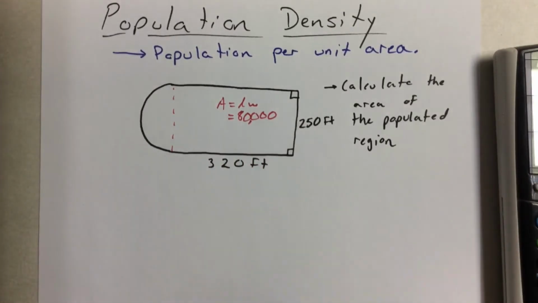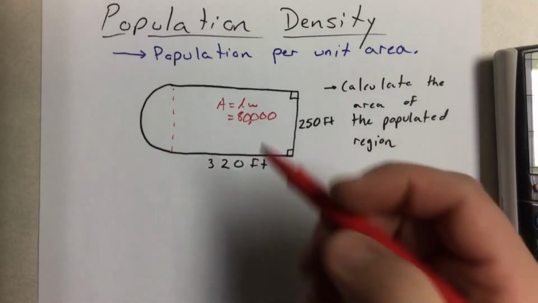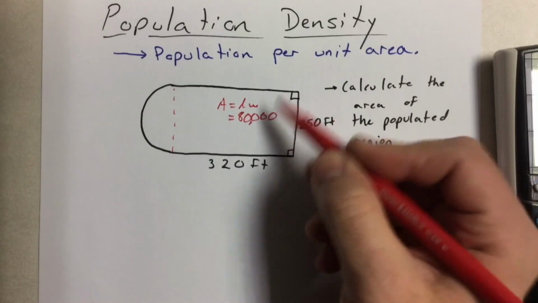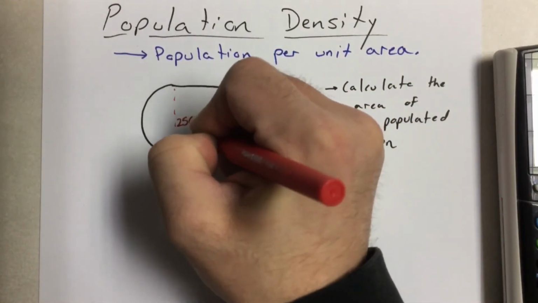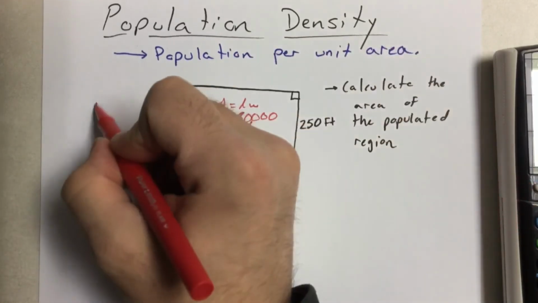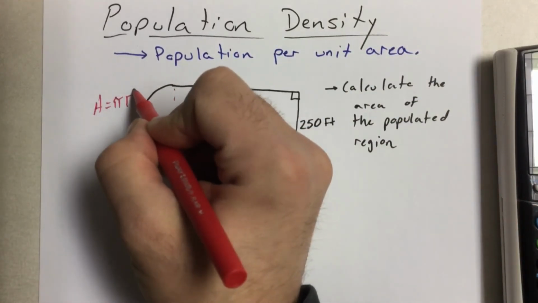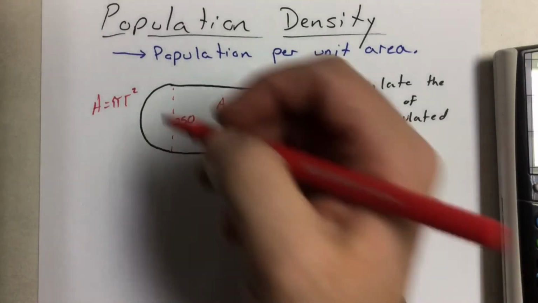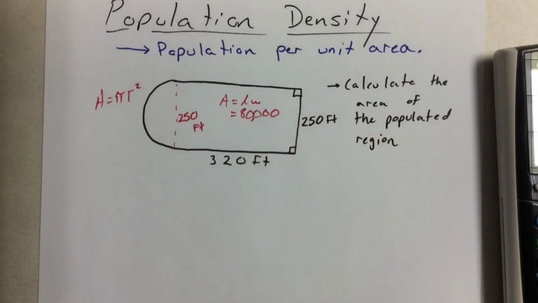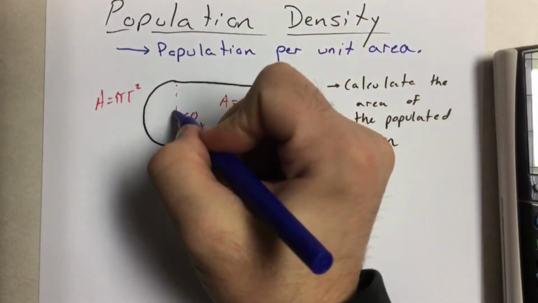So that's the area of the rectangle, but we're not done yet. We have to find the area of the half circle. So 250 being a rectangle, we can bring this 250 to the left. Now that is the diameter, and when we find the area of a circle, we only need the radius. So the radius would be 125, half of 250.